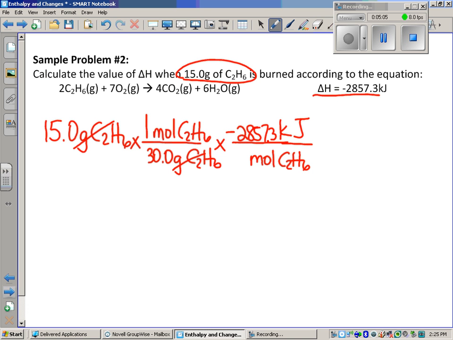Q is usually in joules, but delta H is usually in kilojoules. And then the mole value comes from the coefficient in front of that substance. So 2 moles of C2H6. You can do all your multiplying and then divide, round to 3 sig figs. We get negative 714 kilojoules.